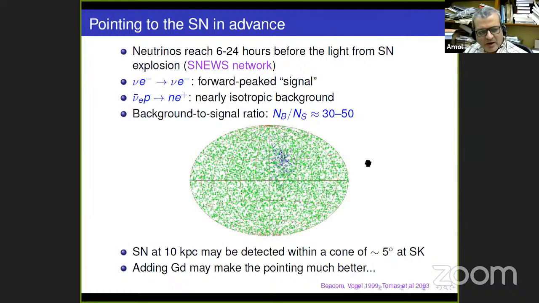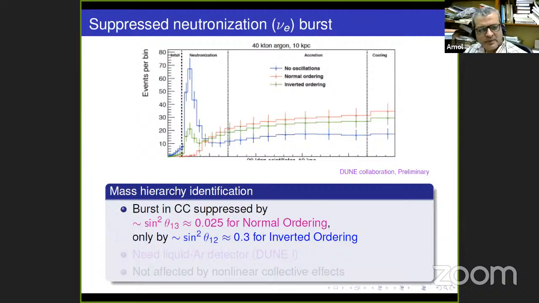Okay, what else can we study? You remember that the first phase of neutrino emission was very special. It was called the neutronization burst, in which only electron neutrinos came. Now these electron neutrinos, when they come, of course have to pass through the core, where they can undergo collective effects.